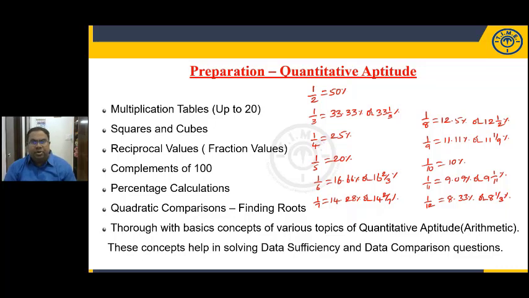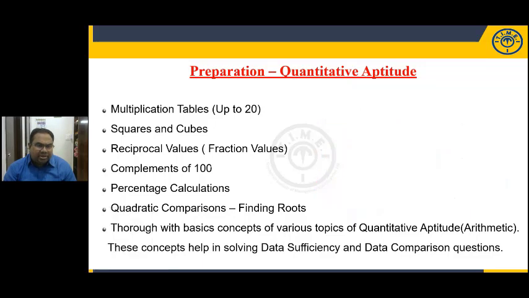You should be able to tell me 2 by 8, 3 by 8, 4 by 8. Then percentage calculations. If I take a simple number 5,000 and ask how much is 10%: put a point after one digit, 500. 1%: after two digits, 50. 0.1%: 5.